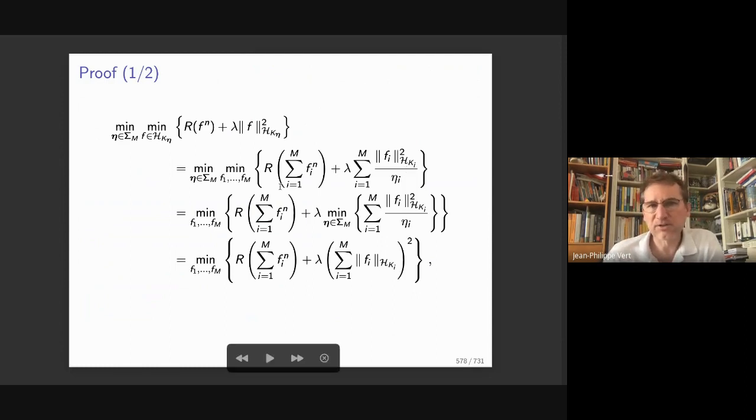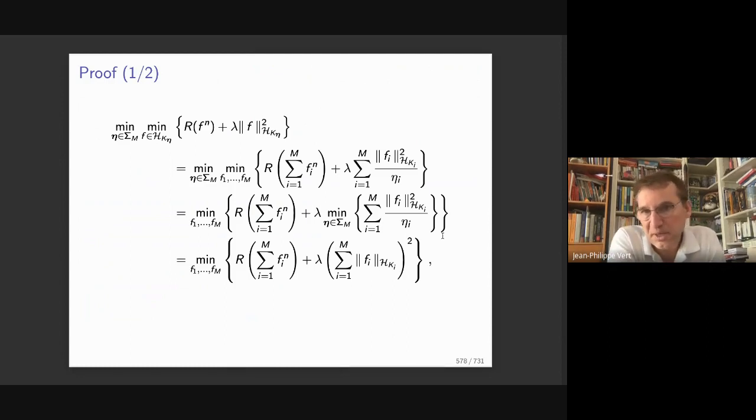So this means that you can minimize, it's a joint minimization. So you see that you can also rewrite that by first minimizing over eta and then minimizing over f. And this suggests to put the minimization in eta where there is some eta, meaning you need to minimize over eta the sum of ||f_i|| squared over eta_i.